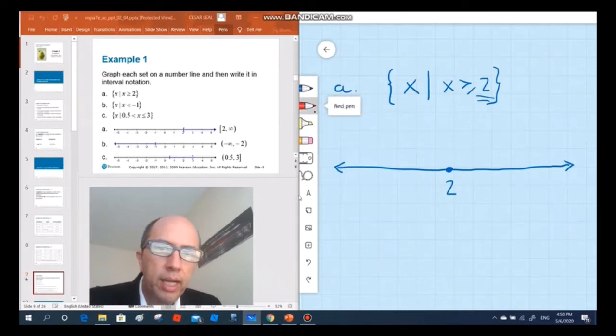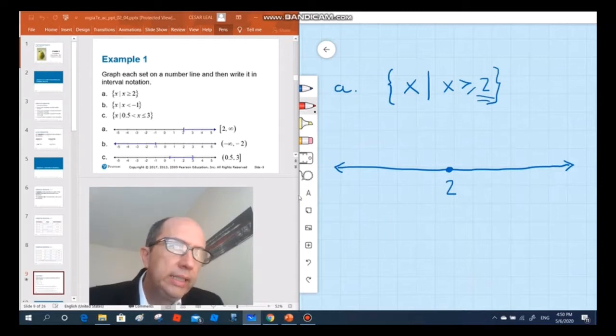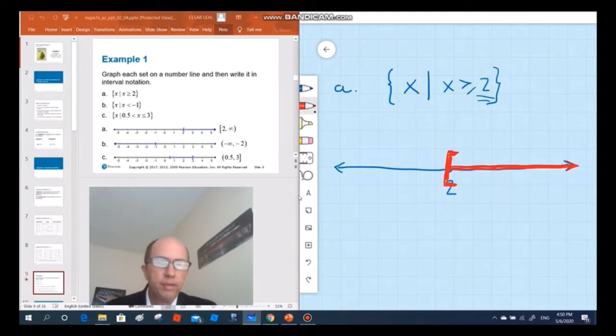Okay. Is 2 included or not included in the solution? It is greater than or equal, so it is included. Use this bracket here to represent that 2 is included. And it's greater than 2, that means this side of the line that has all the numbers greater than 2. So this is graph notation.